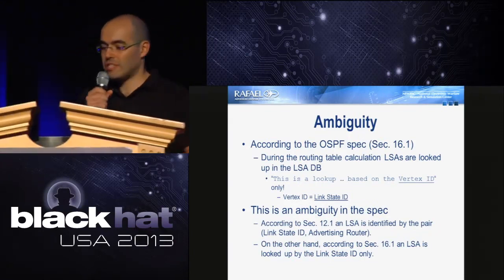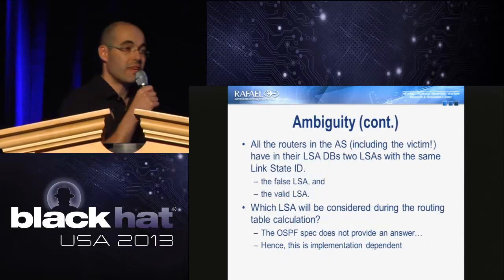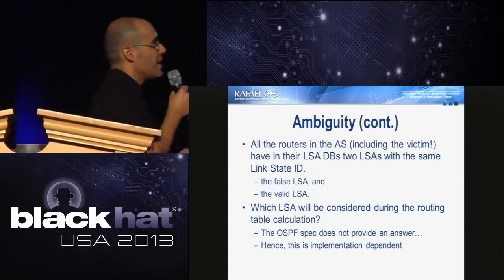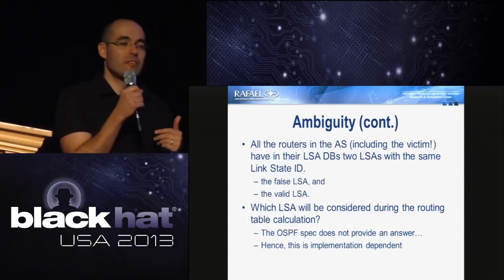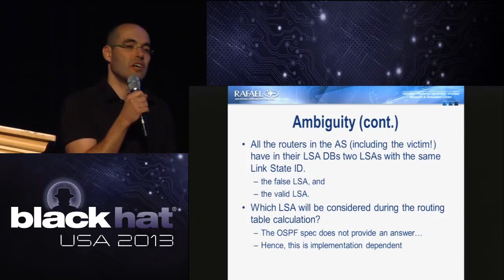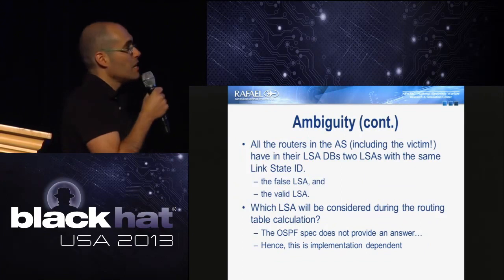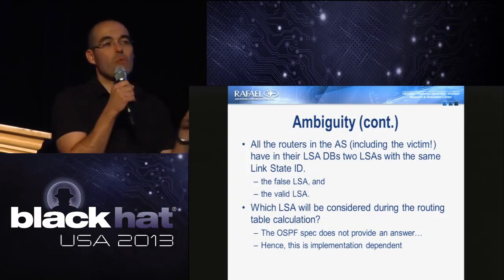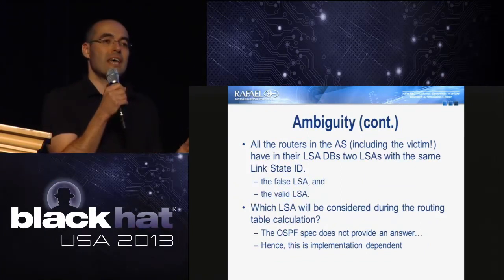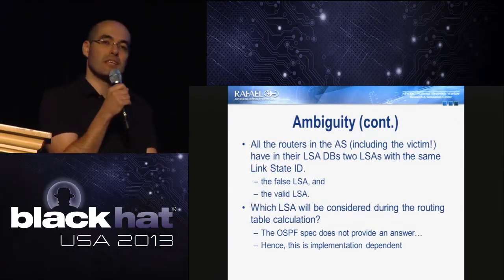And actually, if we step back a minute and review what we have after the attack, after the attacker flooded the false LSA on behalf of the victim, we have in every router two LSAs having the same exact link state ID, the false LSA and the valid LSA.